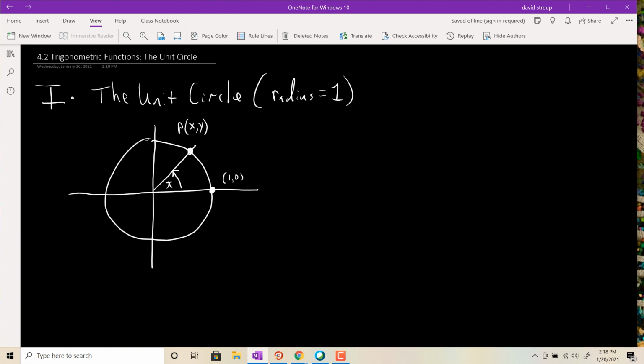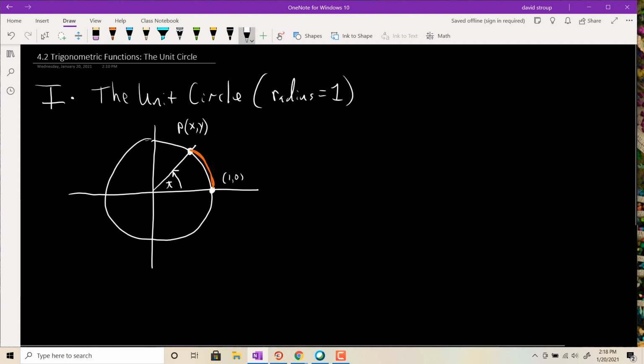But because it's a unit circle, the arc length, or the walking distance on the edge of the circle, so for us, for this particular angle, this distance right here, is just equal to the actual angle because of the way we've set things up with the unit circle. So what did I just say? Well, remember your formula: s equals r times theta, but now we're using a t instead of theta.